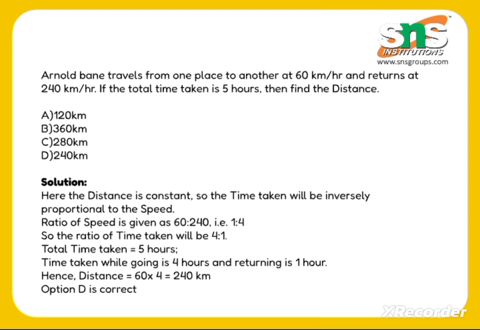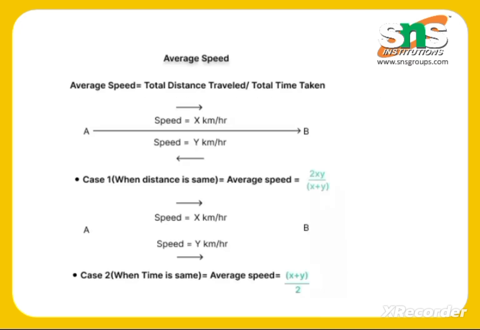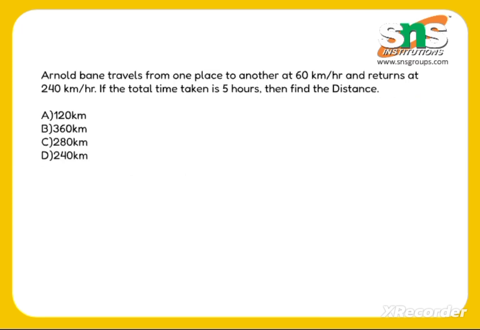Whenever distance is constant, what formula will we use? In the previous slide I told you, when the distance is constant we use 2xy by x plus y, and when the time is constant you use x plus y by 2. So keep this in your mind and solve the problem.